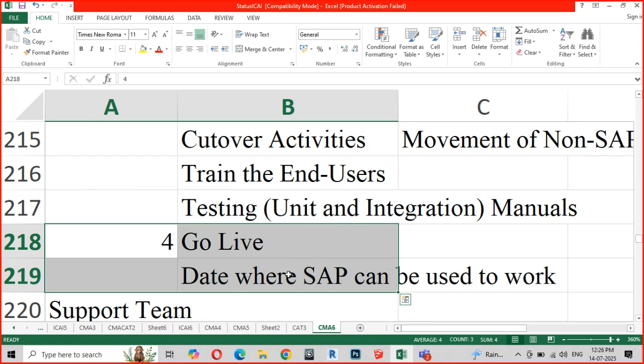That is, till now, you are working on a non-SAP platform. Now the implementing company wants to start carrying out its day-to-day functions on the SAP system. Suppose you are entering invoices. You were entering it in a non-SAP system earlier.